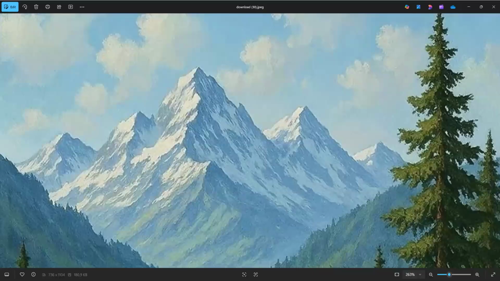See on the screen, you can see these mountains now. Mountains have different types, different shapes and curves. There is no straight line. There will be some broken lines and curvy lines for the mountain.